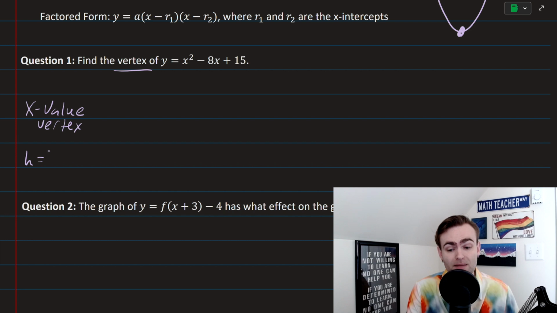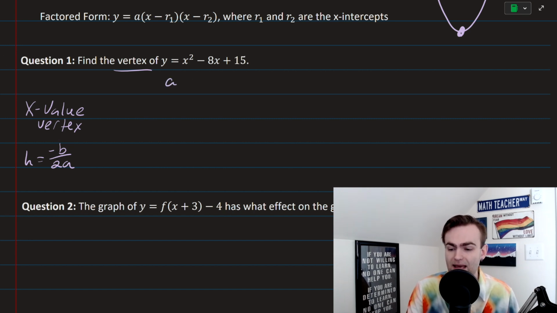We get that from negative b divided by 2a. So if I take the b value, make it the opposite sign, and divide that by twice the a value, that gives me the x value of the vertex. It's a formula you've got to memorize. There is another way of going about it, but it takes significantly more time. So it's always nice to have some tips and tricks to help us.